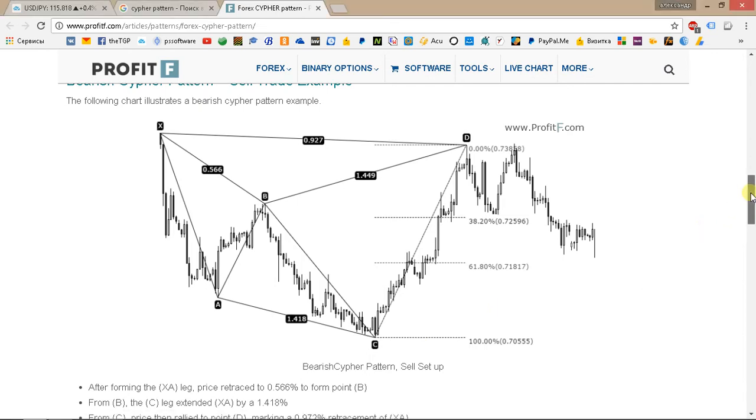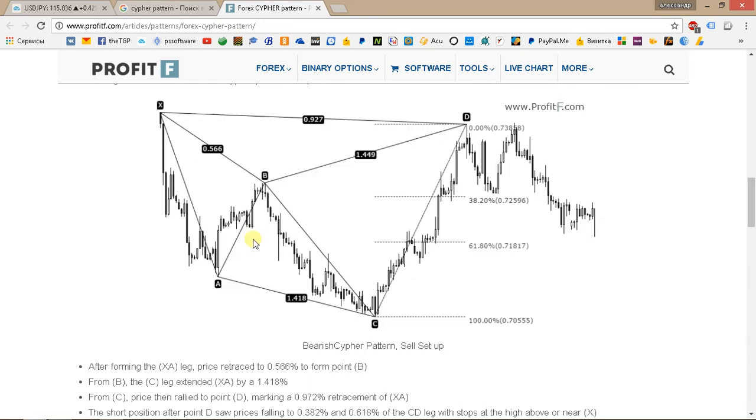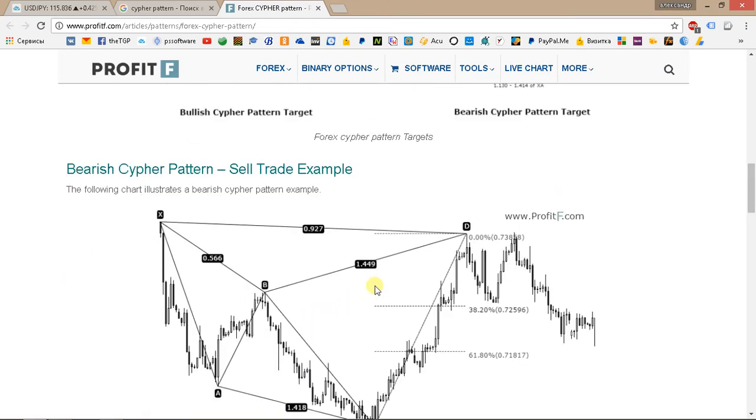Okay, let's read the description. After forming XA leg, price retraced to 5. Well, maybe. From B, the C leg extended by 1.418. No, it's not an extension of XA. It is an extension of AB. Here. Okay, the C point rally D making 972 retracement.